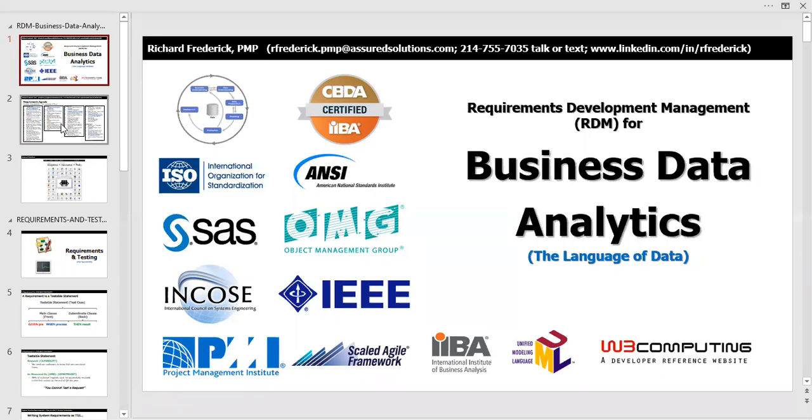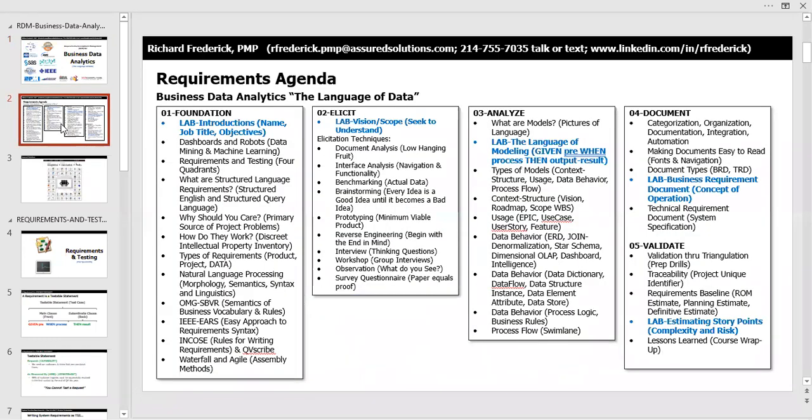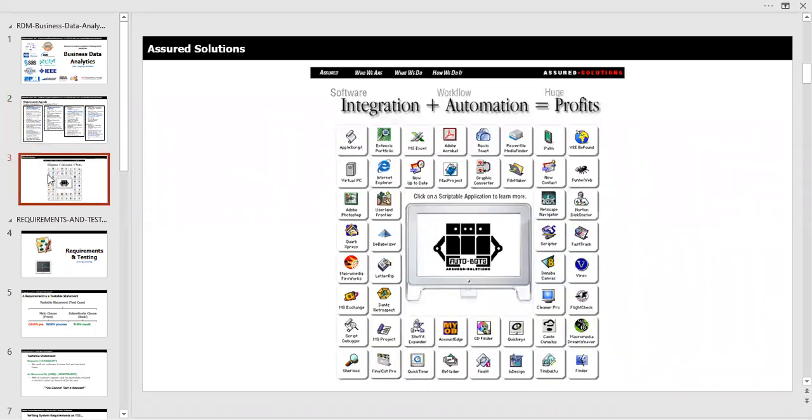If you have any interest in learning more about the class, please feel free to reach out to me. All these topics that I've been covering are under what I call the foundation section of the course. The elicit, analyze, document, and validate, that's just traditional requirements development and management for really anything, whether it's product, process, and/or data.